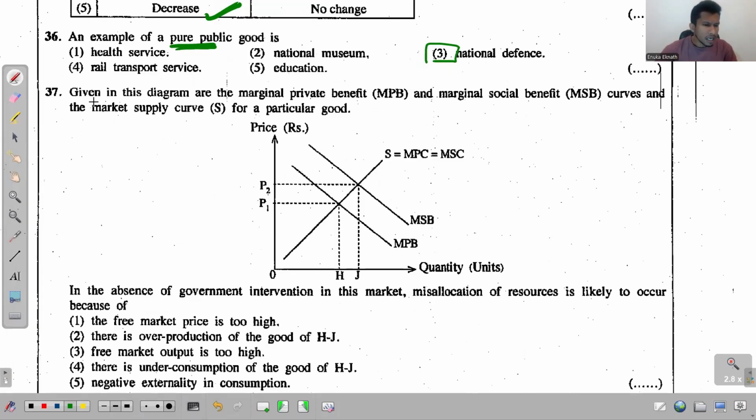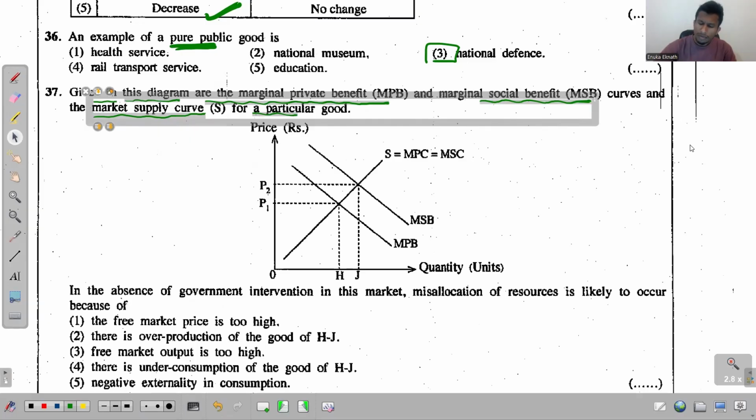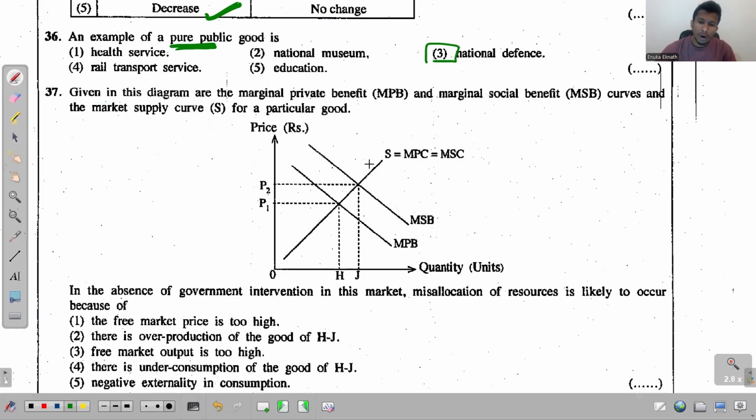It says, given in this diagram are the marginal private benefit and the marginal social benefit curves and the market supply curve for a particular good. All right. So if you look at the diagram, you can recognize that there is only one supply curve, but you get two demand curves. The first one is based on the marginal private benefit, but the second one is based on the marginal social benefit.